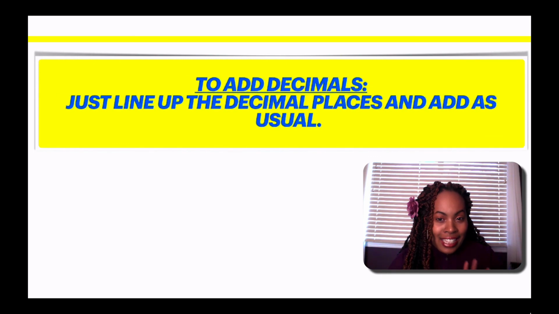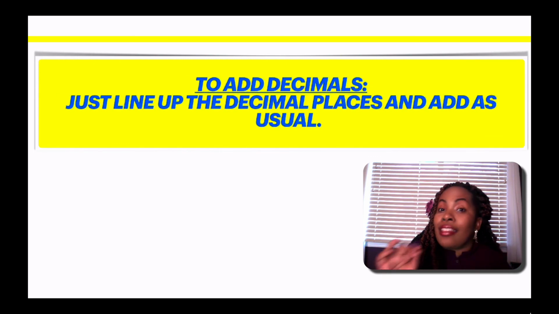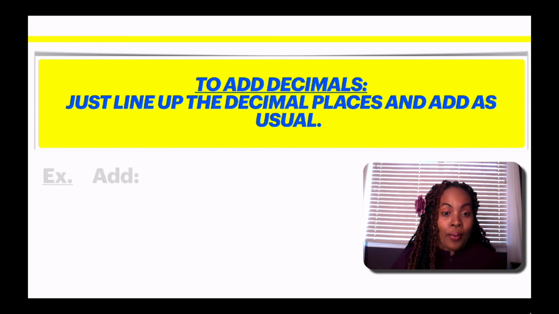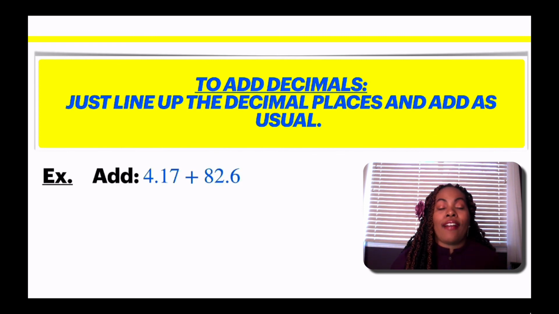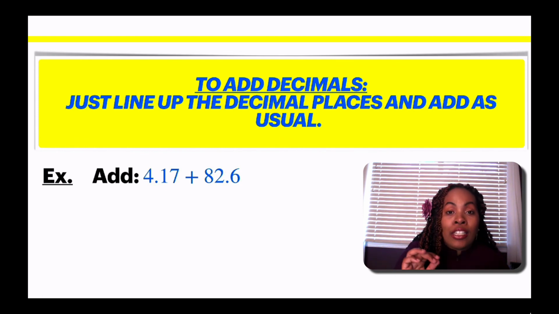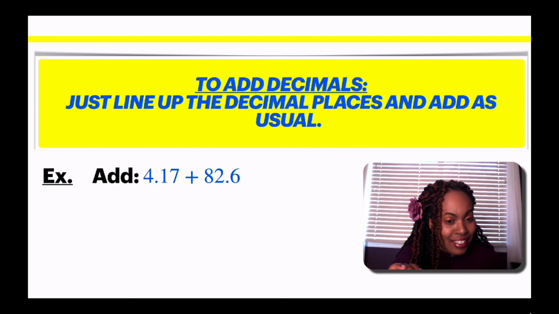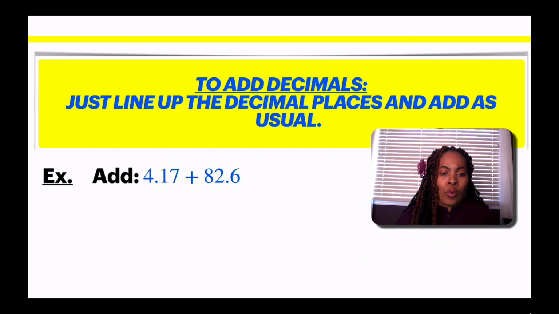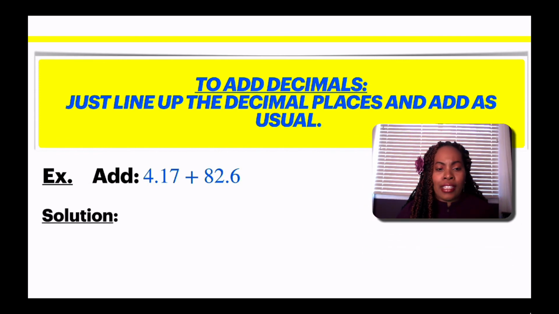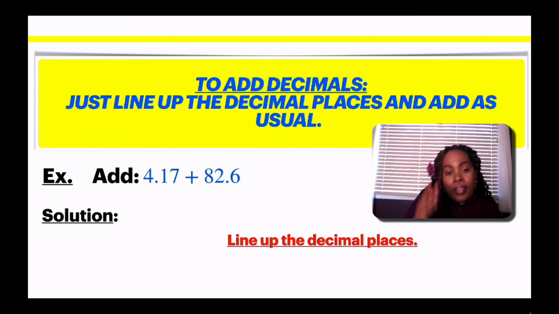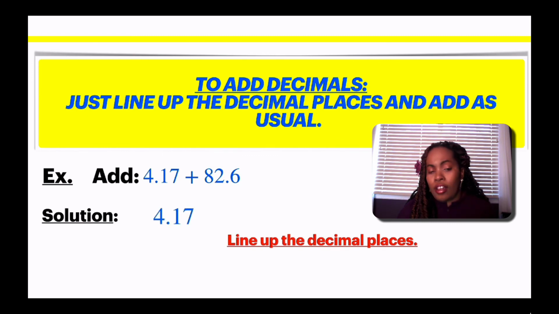You got this. So to add decimals, just line up the decimal places and add them as usual. Here we go. So we have 4 and 17 hundredths, and we want to add that to 82 and 6 tenths, okay? So let's start by doing like I said. Let's line up the decimals so that those families are lining up. Our tenths with our tenths and our hundredths with hundredths.